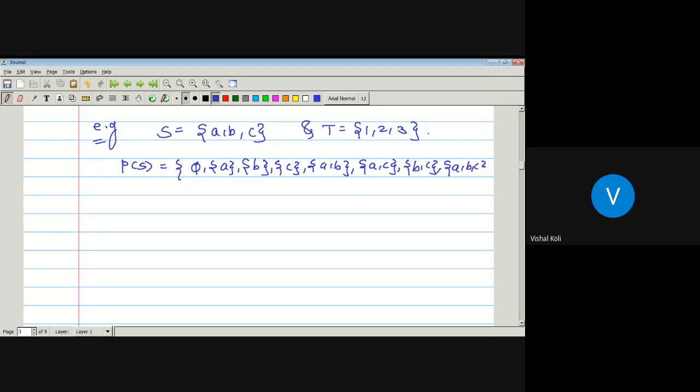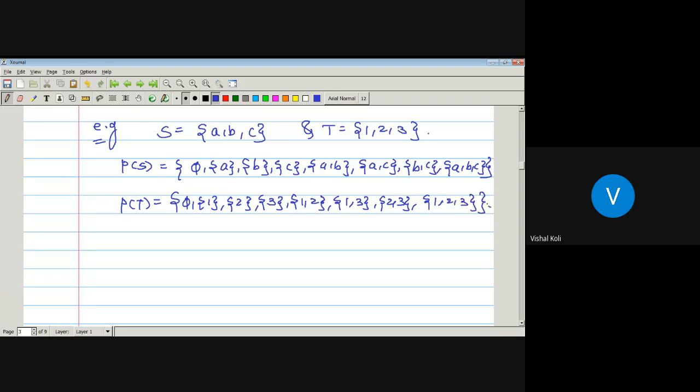So these are the 8 elements. Similarly, the power set of T contains again 8 elements which are nothing but phi, singleton 1, singleton 2, singleton 3, {1, 2}, {1, 3}, {2, 3} and {1, 2, 3}.